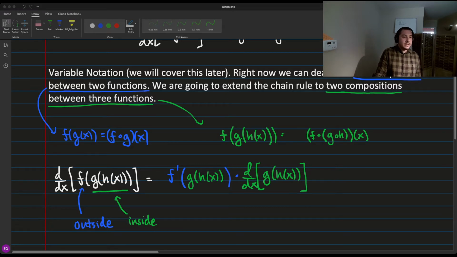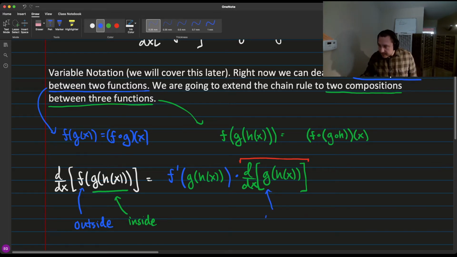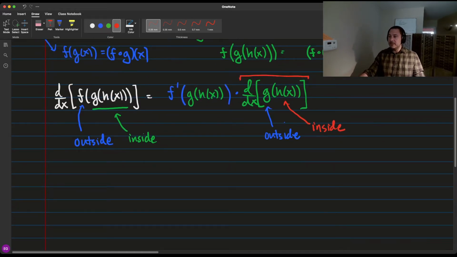Now what you can notice is that you can use the chain rule again to calculate this derivative here. Again, you have an outside function, which this time is g, and you have an inside function, which is h. So when you compute this derivative, the derivative of the outside function is g prime.